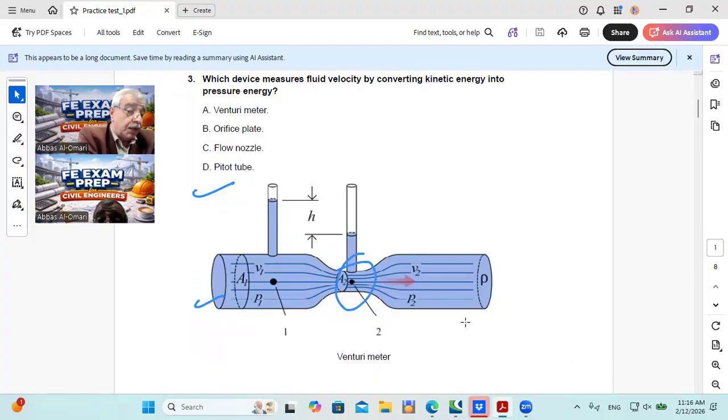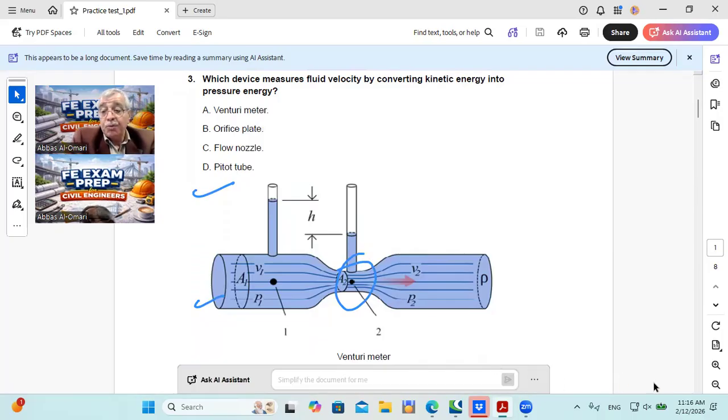Now the pressure drop gives us, using the Bernoulli equation, the flow. However, in the venturimeter, the pressure energy at section 1 is converted into kinetic energy at section 2. So this is not the answer.